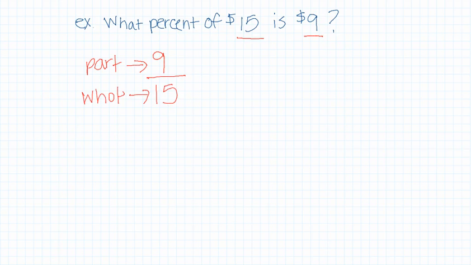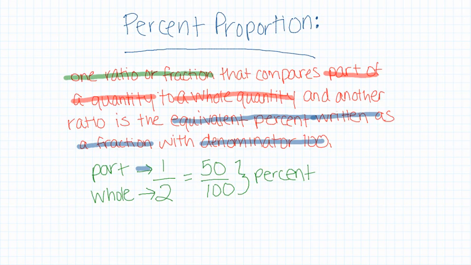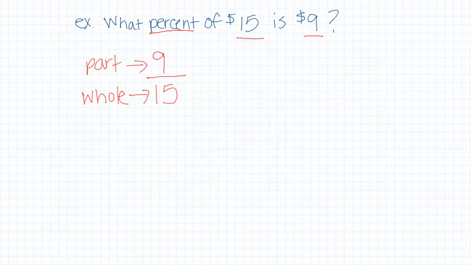All right, so we're gonna create our percent proportion in order to find that percent, because it's asking what percent. So to go back to the other page here, we have the part, we have the whole. We know that the denominator of the second ratio is going to be 100, but we don't know what percent is there.